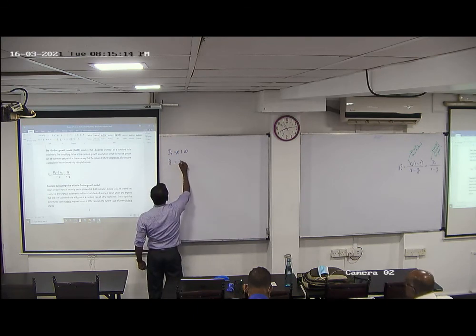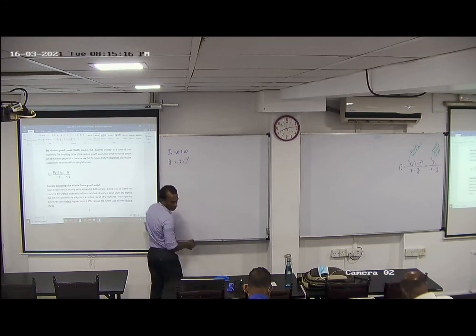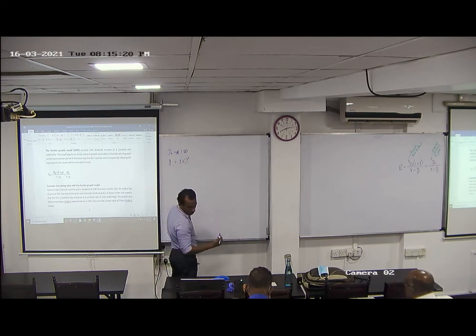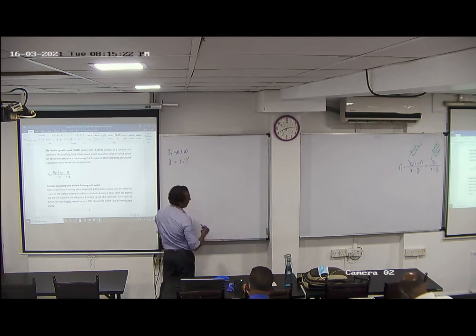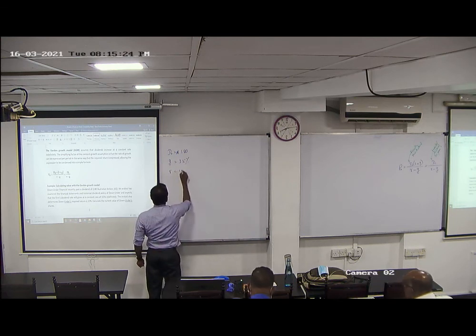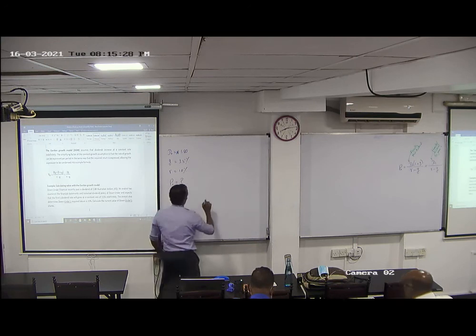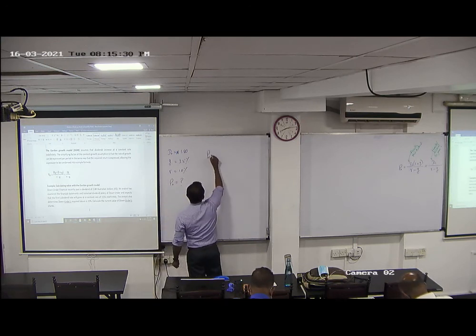That is G is 3.5%, and it has been estimated that the required rate of return is 10%. That is R. R is 10%, so we have to calculate the price. That's very easy to calculate.